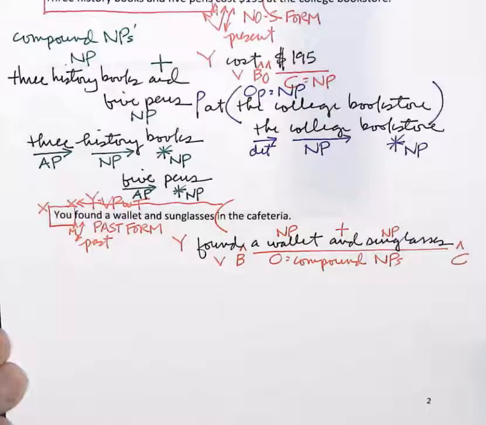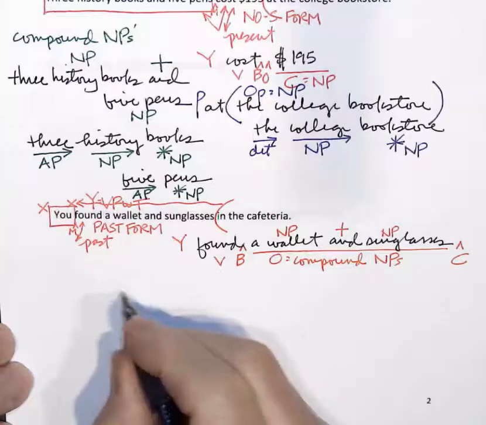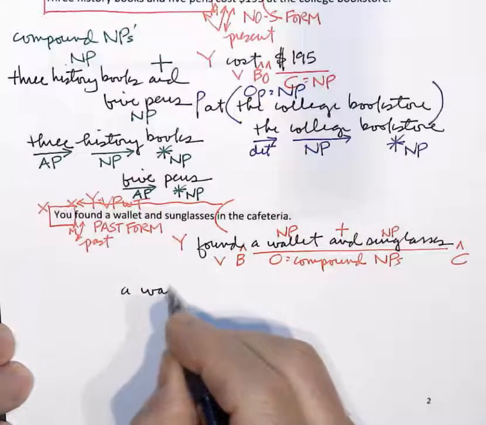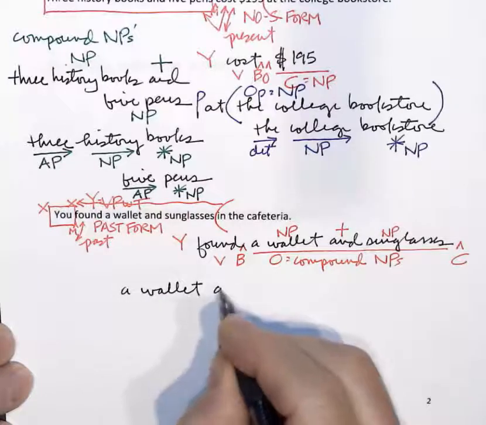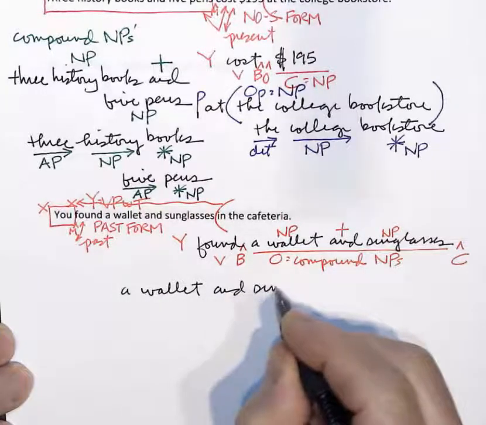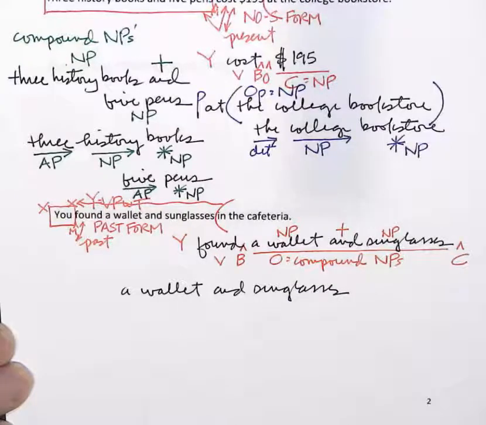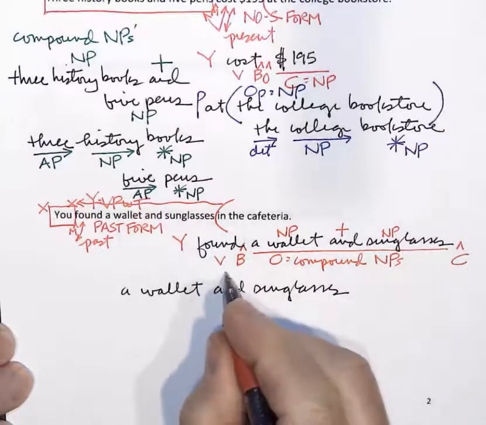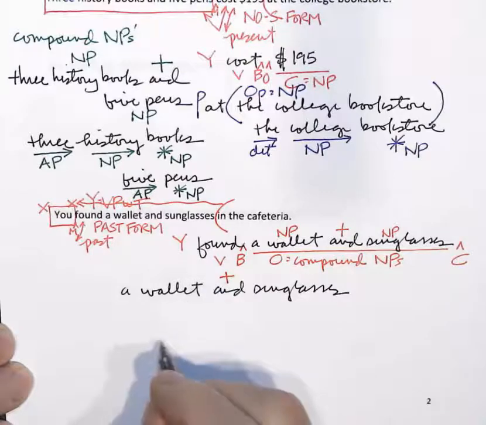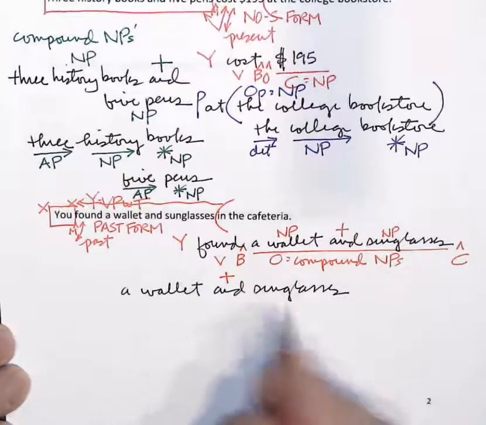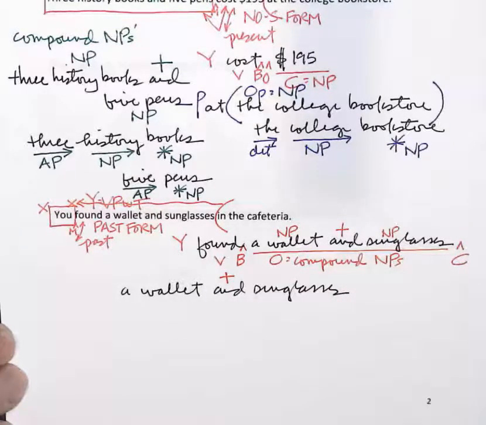Okay, so let's rewrite the noun phrase, the object, a wallet and sunglasses. And the coordinator is and. Well, actually, we didn't even really need to do that. We could have just brought down each one.